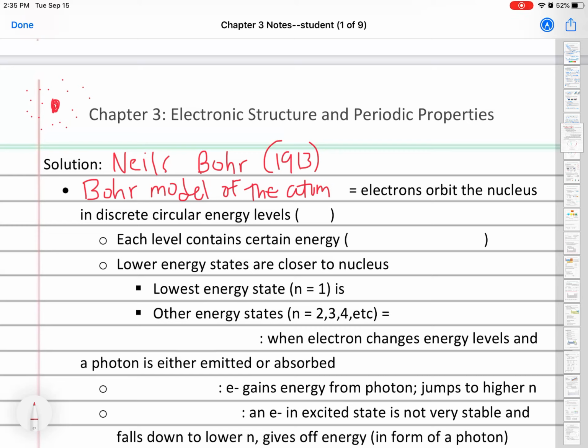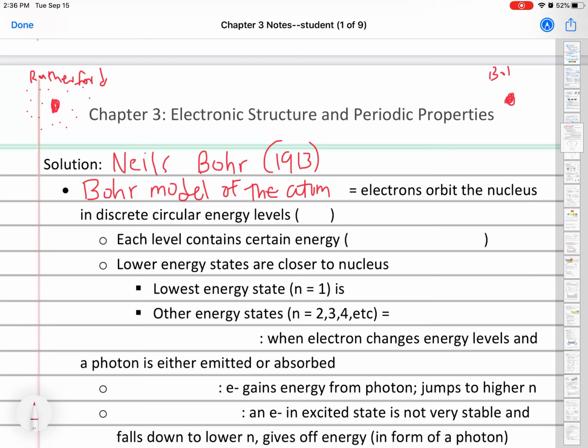And he had no idea. But what Bohr suggested was that the electrons actually orbit the nucleus in discrete circular energy levels. So in these different orbits. This would be Rutherford after his gold foil experiments.